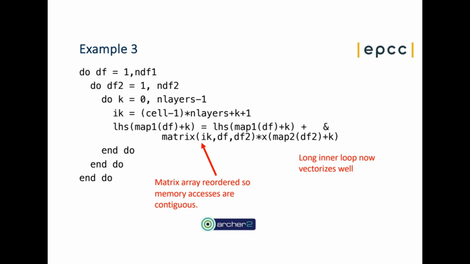Especially, unfortunately, the difference between using loops and array syntax. For vectorization, it's fine. The compiler is just going to translate those things into loops anyway, and then it's able to vectorize them. So typically, array syntax doesn't have too much of an impact on performance.